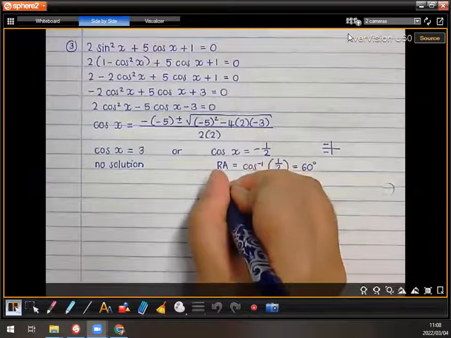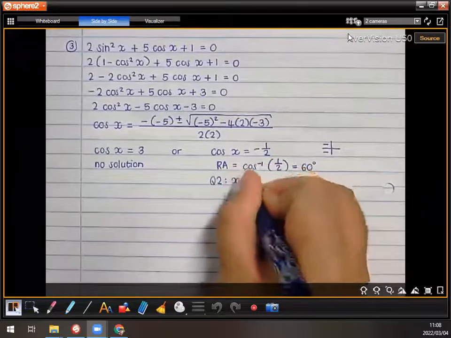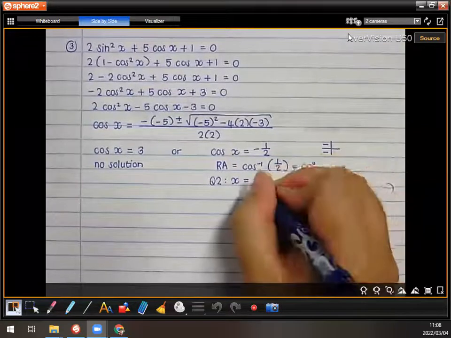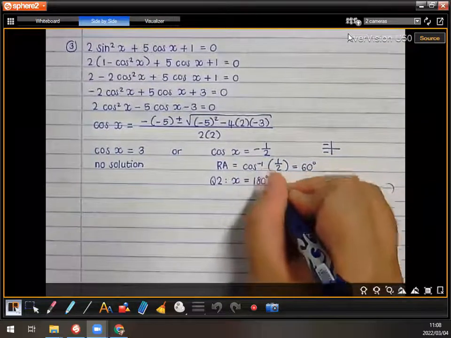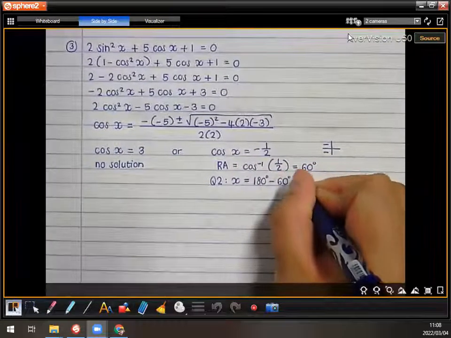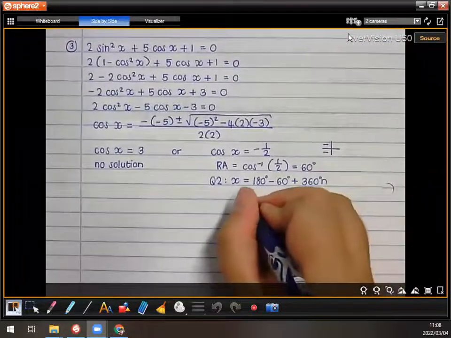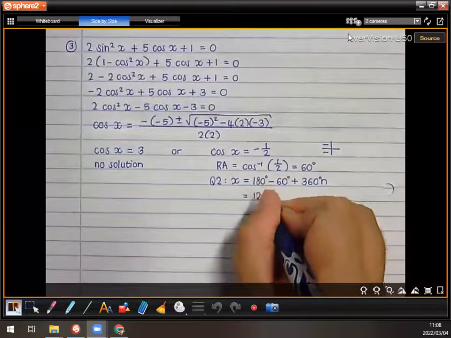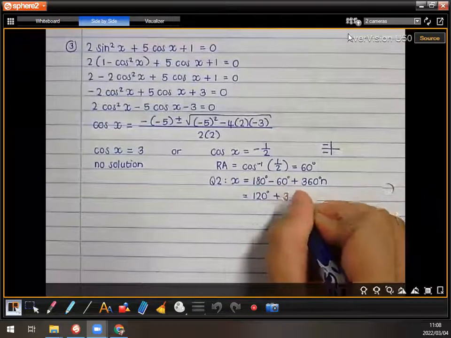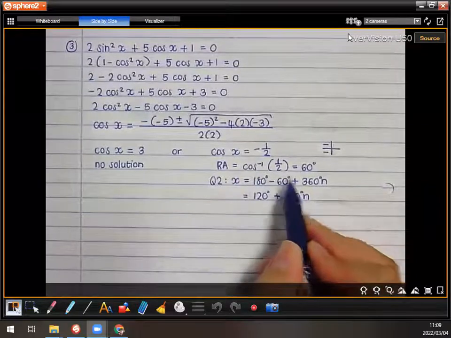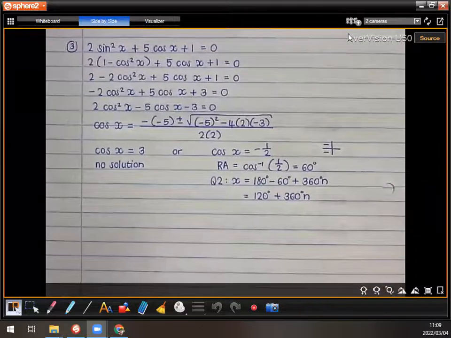So my quadrant 2 solution is going to be x equals, because the angle is just x, right? So first x equals 180 minus 60 plus 360n, which is 120 degrees. And guys, you actually don't have to write down this 180 minus 60. You can just do it on the calculator.